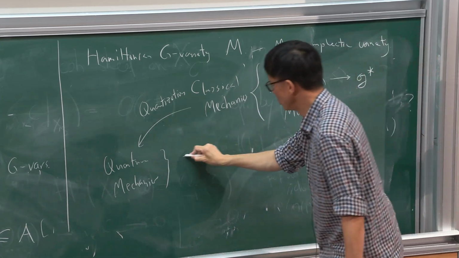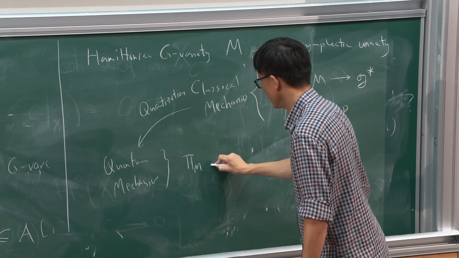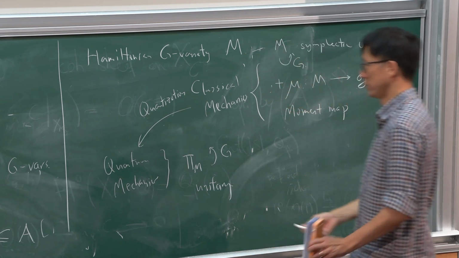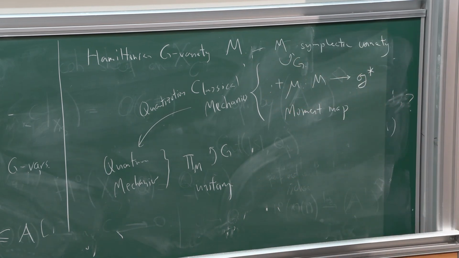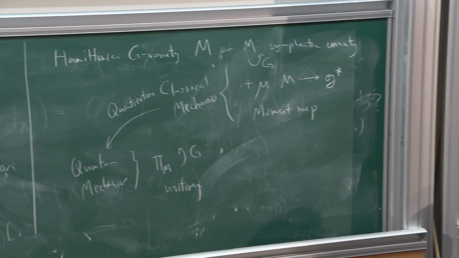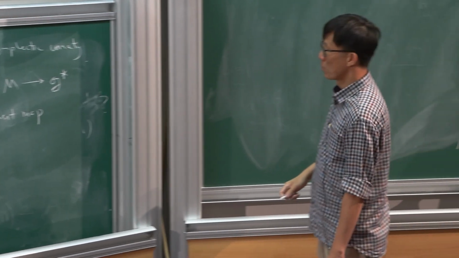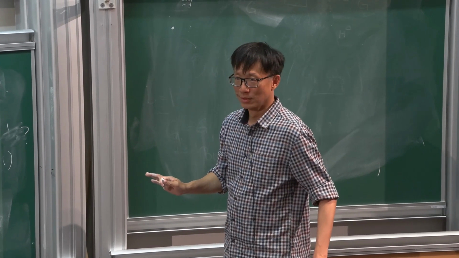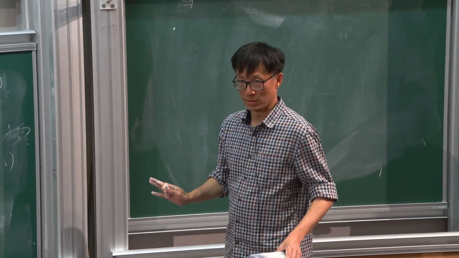What you should get is a unitary representation of G. Okay. Now, to give two examples, maybe I give three examples, and then I will stop. First, what's the standard example of a symplectic variety? The easiest one that comes to mind is a symplectic vector space.